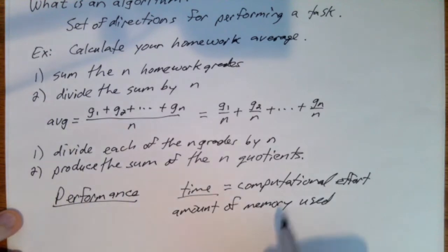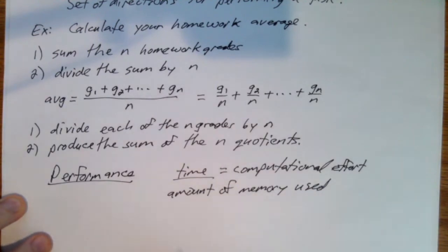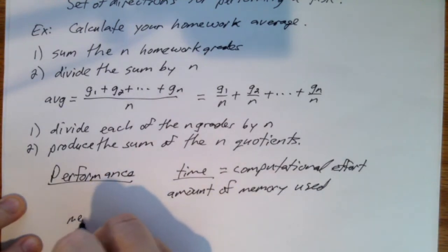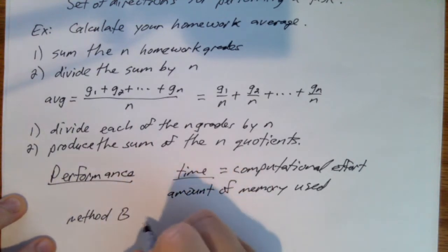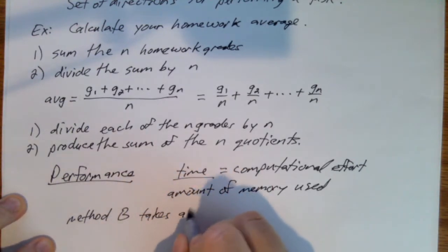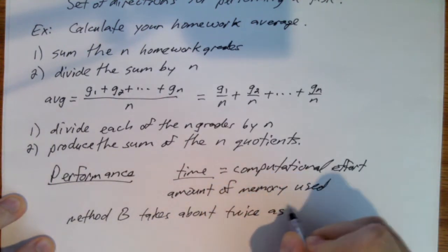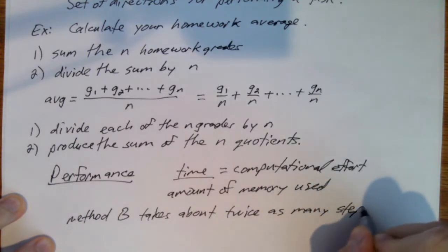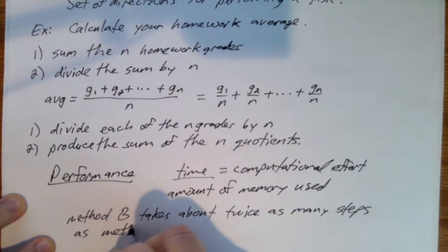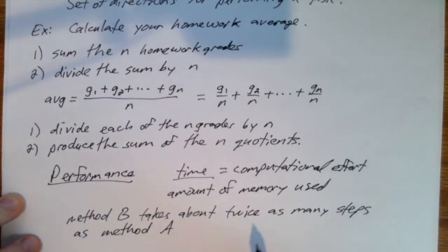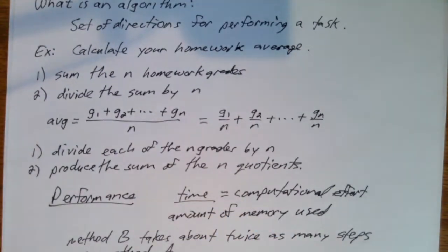Now, in many cases, you won't know the true amount of computational effort involved, but what you may realize is that method B takes about twice as many steps as method A. And therefore, if you realize that, you'll realize that method B probably takes much longer than method A. So there's the basic idea behind what an algorithm is and why we study it.